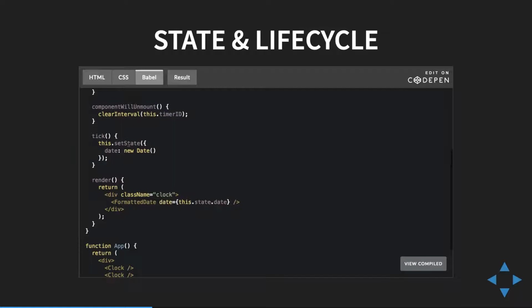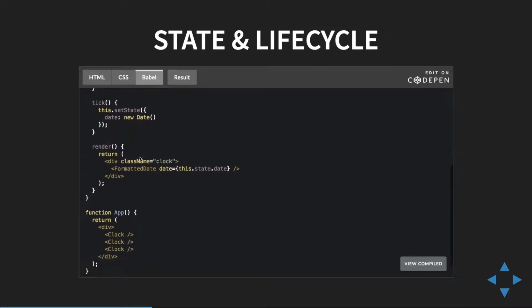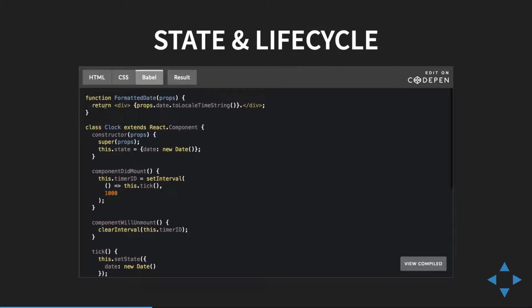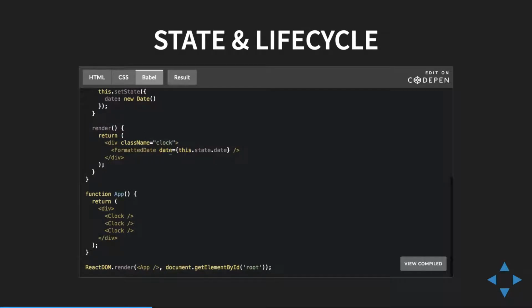So we have this.setState, and then we have the new date. And then in the render, we just return a div with the formatted date, which is up here, and we're passing in this.state.date.